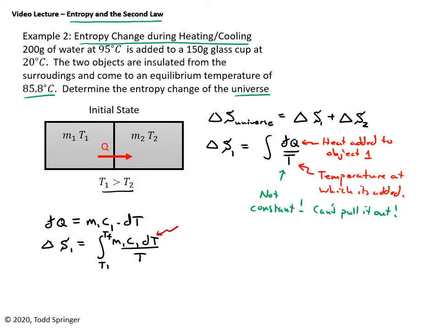These constants can come outside of the integral. So I get m1 c1 times the integral from T1 to Tf of dT over T. And that is a natural log: natural log of Tf minus natural log of T1.